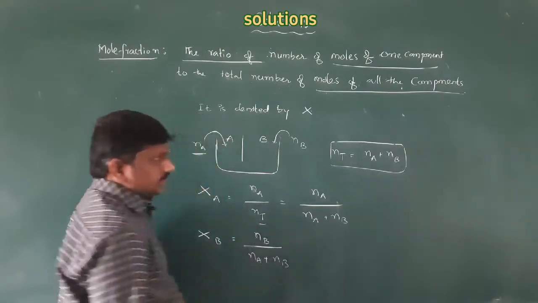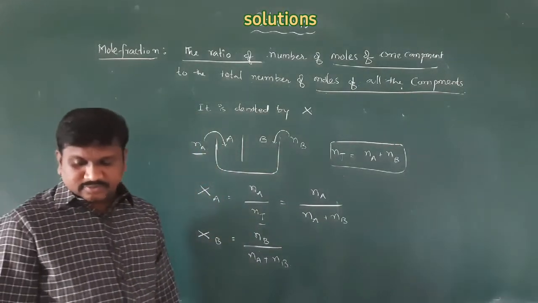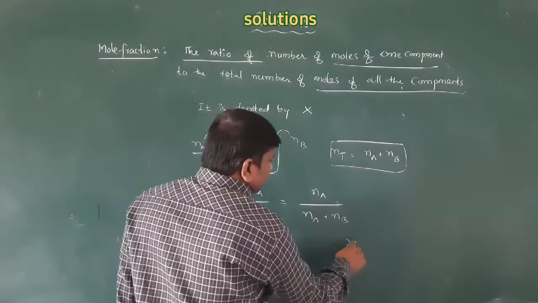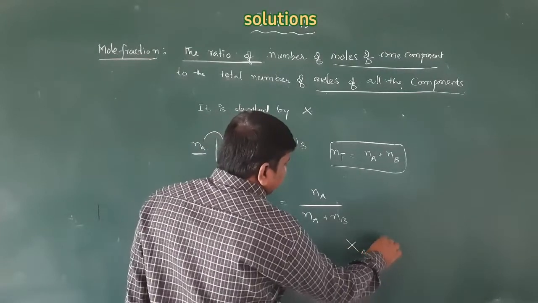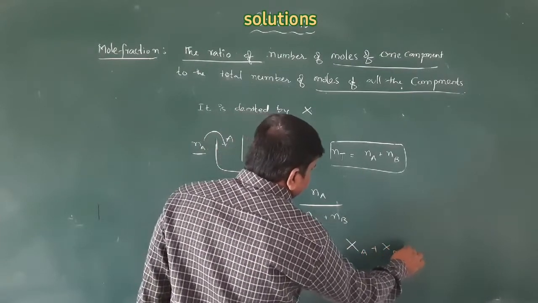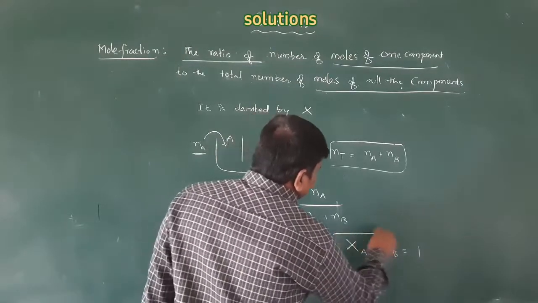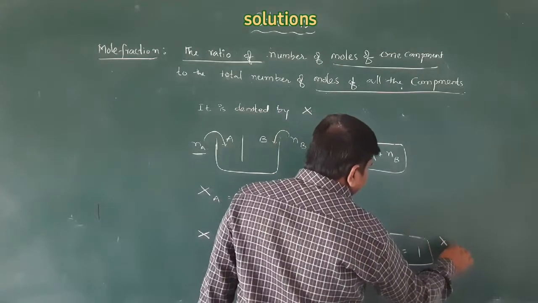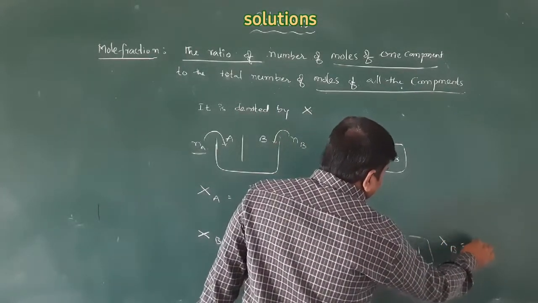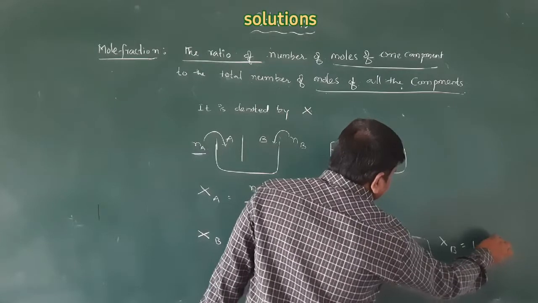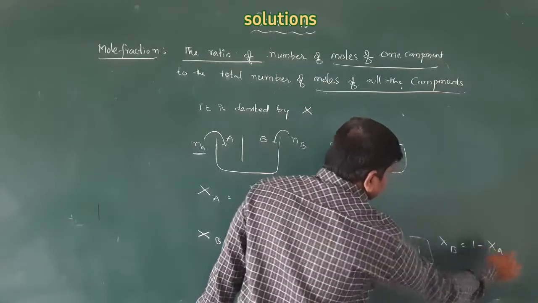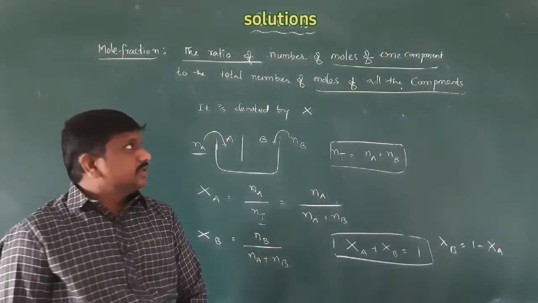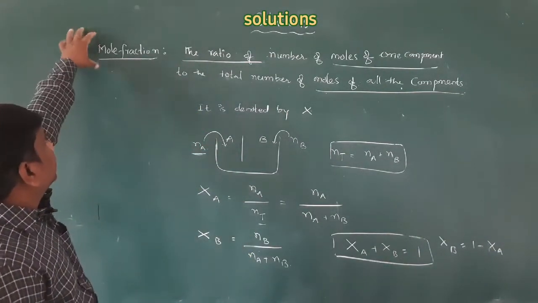Now XA plus XB is equal to 1. For example, XB is equal to 1 minus XA. So this is the mole fraction.